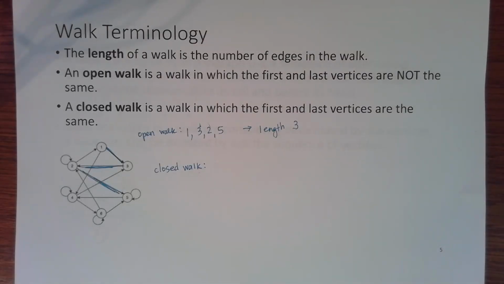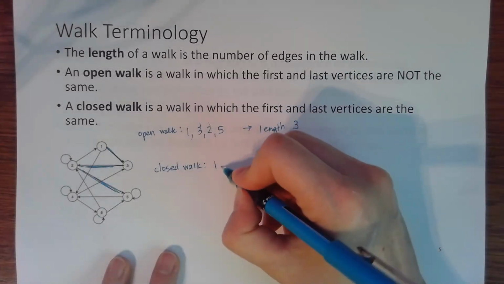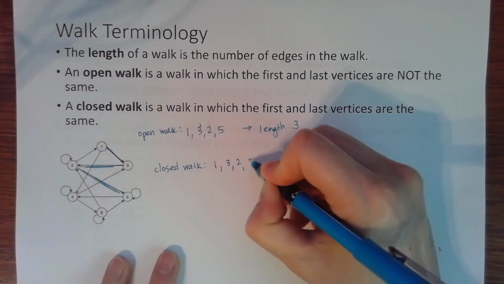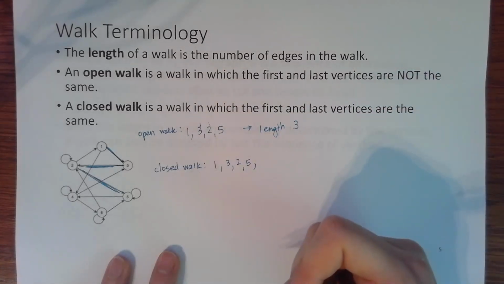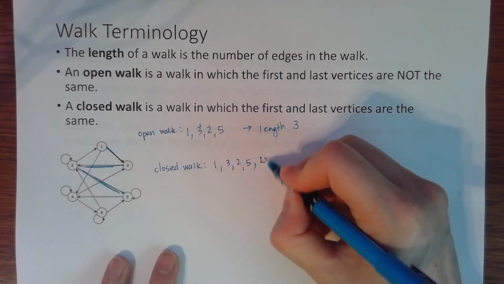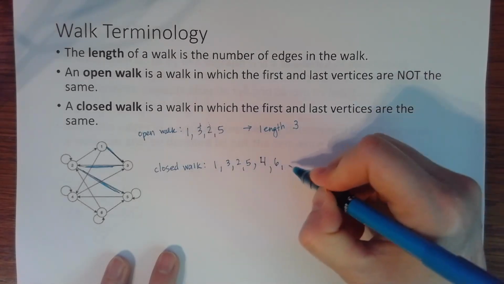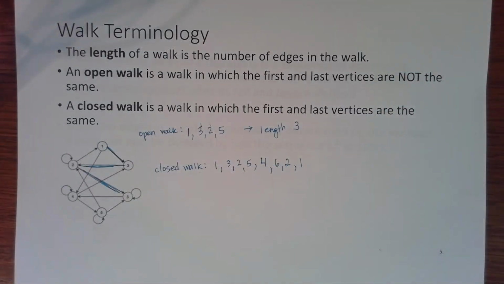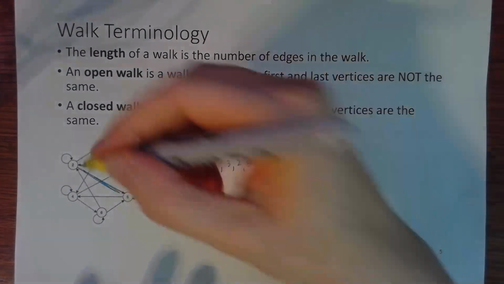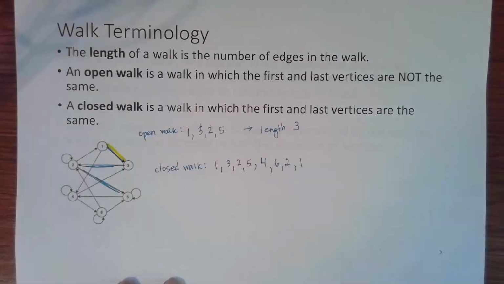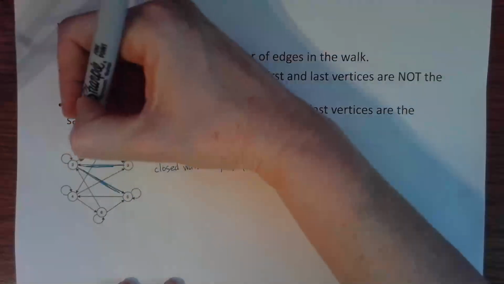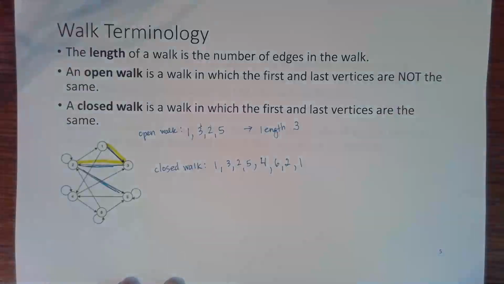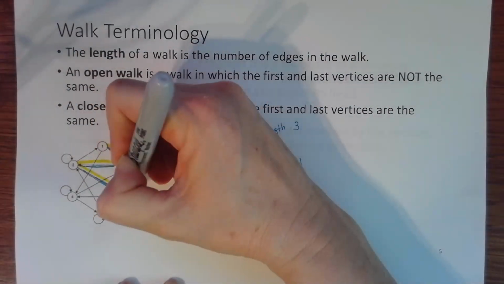So let's say we could start the same way. We could go from 1 to 3 to 2 to 5. And then maybe we could move on to 4, and then to 6, and then to 2, and then finally end up back at 1. So let me highlight that for you. Here we start at 1 and go to 3. From 3 we go to 2, starting out just like last time, 2 to 5, but we're going to keep going.